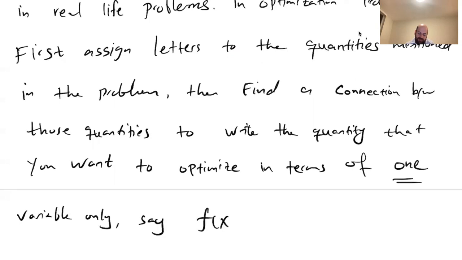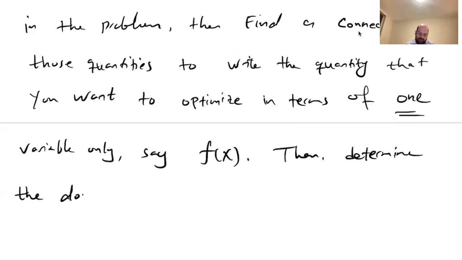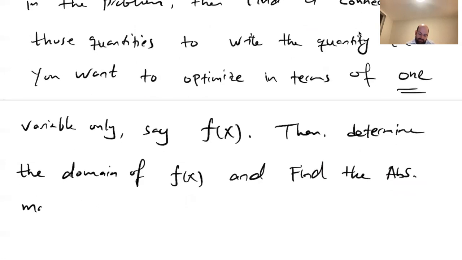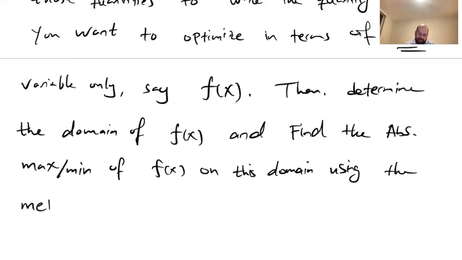Say f of x. Then determine the domain of f, and find the absolute max and min of f of x on this domain using the methods we learned in the previous section.